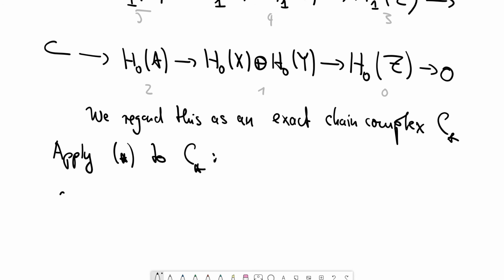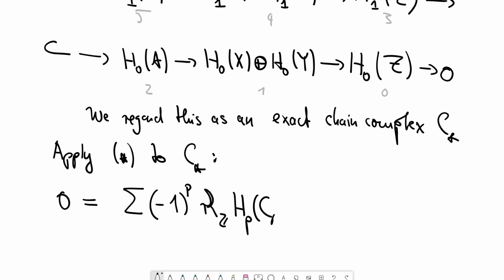Yeah, what is the result? The result is that the alternating sum of the homologies, or the ranks, I should say, the ranks of the homologies, is the alternating sum of the ranks of the groups, but the homologies are all 0. So there is a 0 here.